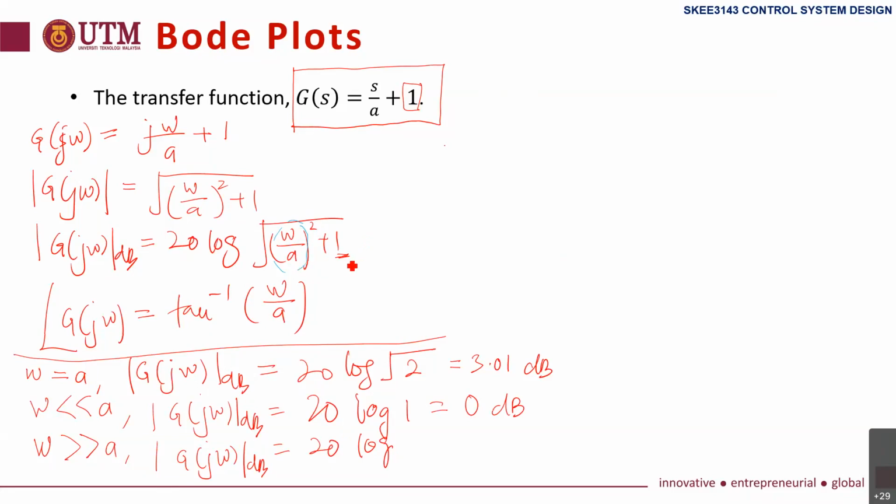So it becomes just the square root of omega squared, which is omega, which is 20 log omega. And we know what 20 log omega is: similar to the one with S, it is a straight line with a 20 dB per decade slope.